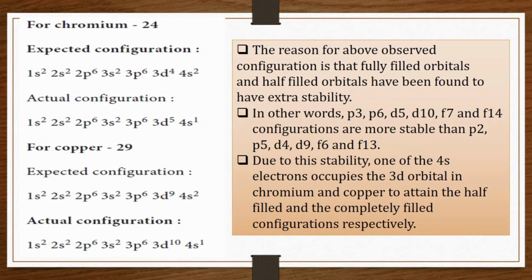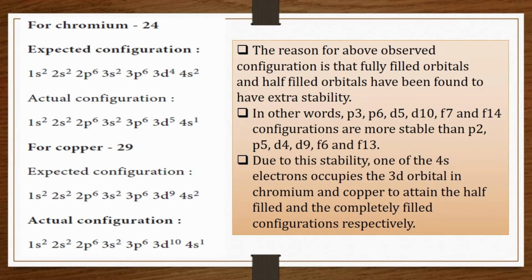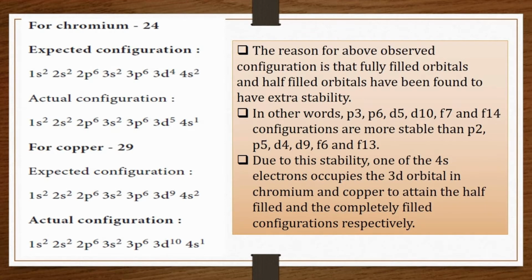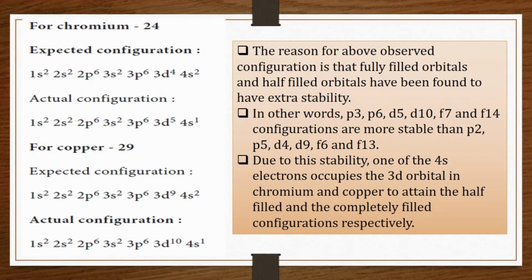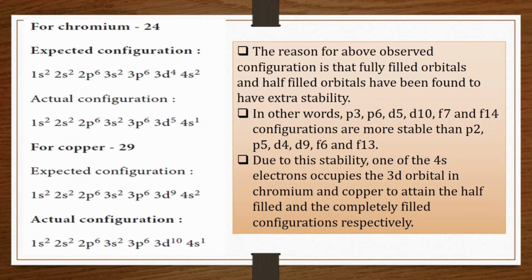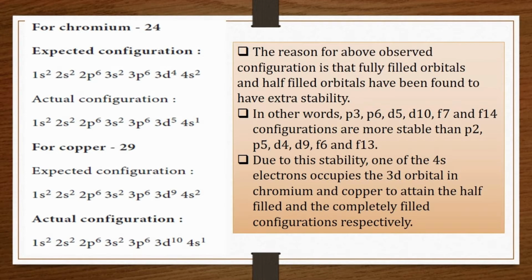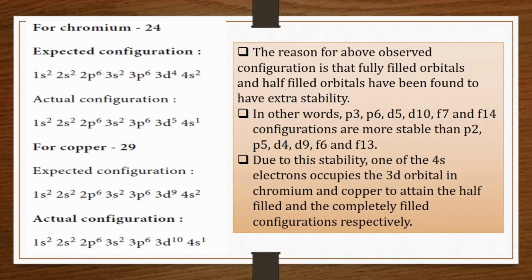And for chromium, the expected electronic configuration would be 1s2, 2s2, 2p6, 3s2, 3p6, 4s2, 3d4. But this appears to be the wrong configuration for chromium and copper, as they exist in a different configuration. Let us find out the correct configuration and the reason for it.